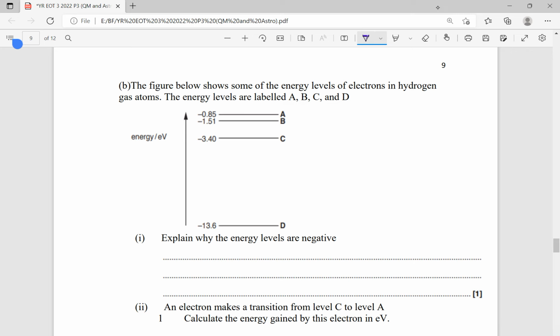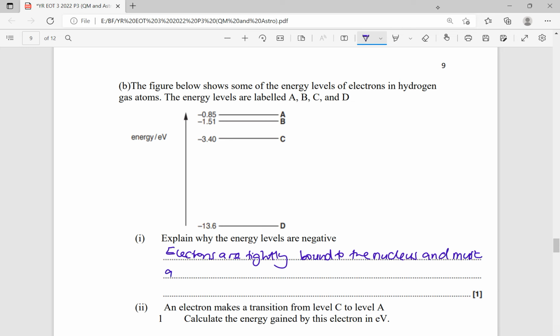Therefore, electrons are tightly bound to the nucleus and must gain energy to leave the atom.